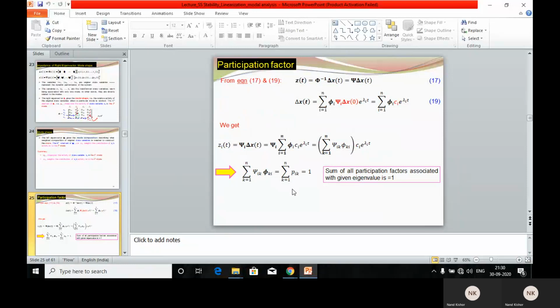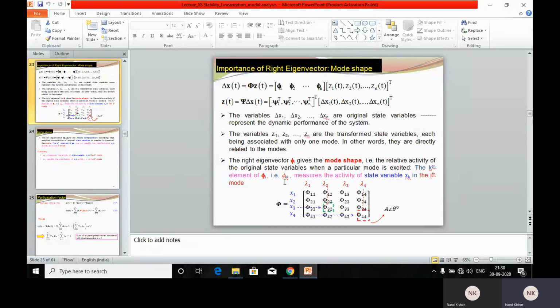The reason behind this is that the elements of the eigenvectors, whether you consider the right eigenvector, the elements here, this one, they depend upon the units of the states.